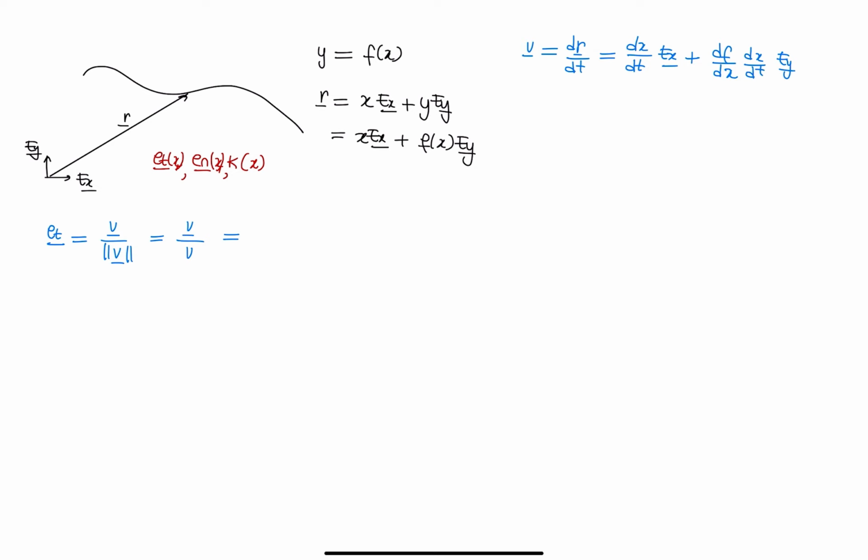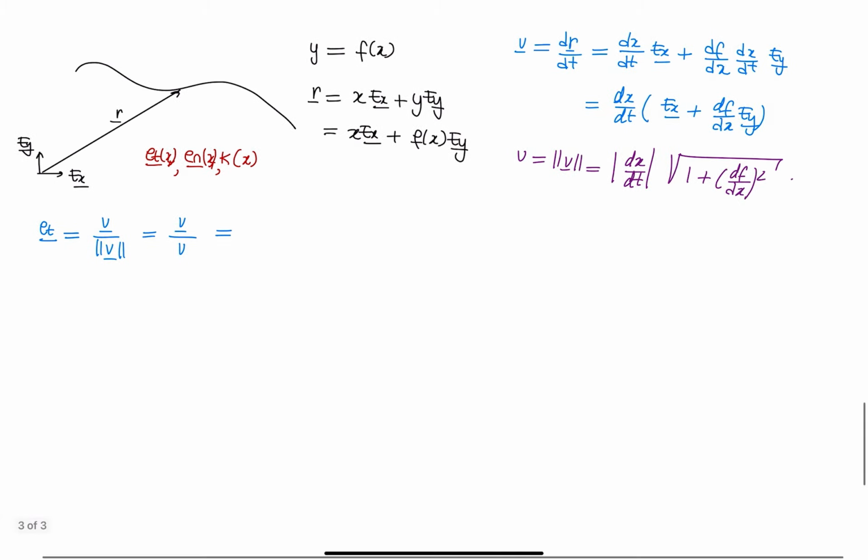So here I use the chain rule. That's my velocity, and my speed is going to be the magnitude of v, which is the absolute value of dx by dt times the square root of 1 plus df by dx squared.